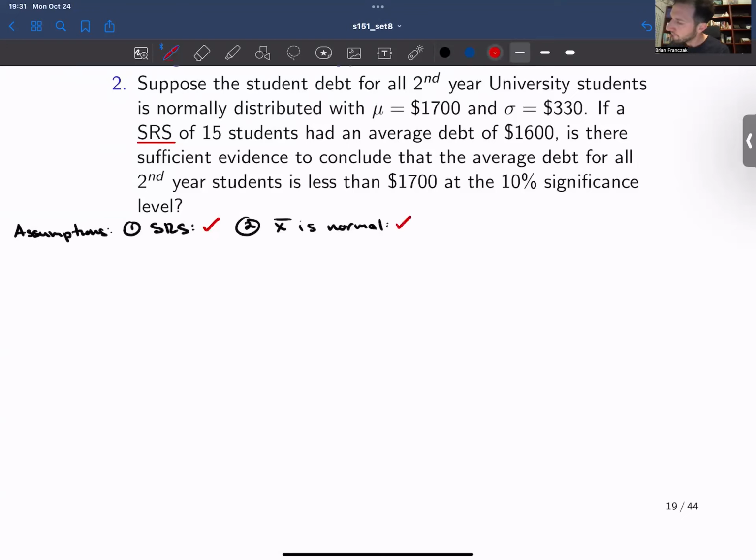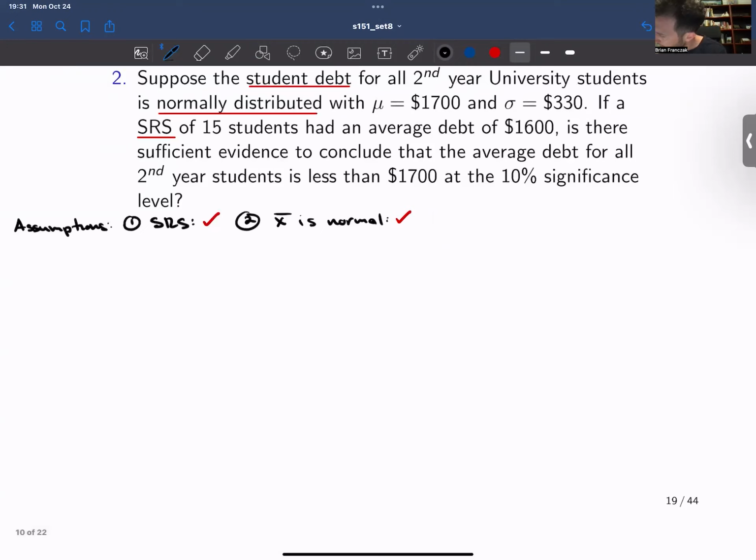And this again is fine because we are told that student debt is normally distributed. So the variable we are studying is normal. And then our third assumption is sigma known. All right, and this again is fine because we are told what sigma is.